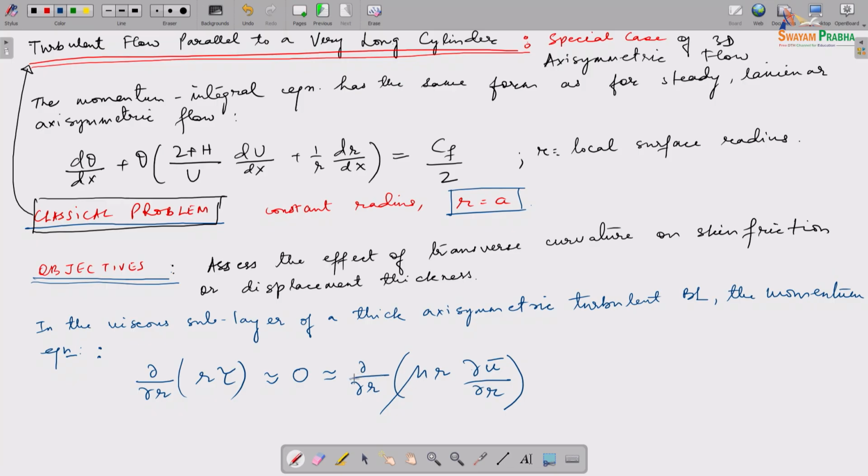So we just write r, and then tau we write as mu into del u mean del r, right. So that's the standard definition. Okay. So what we are essentially saying is that in the r direction there is no variation of the shear stress, or actually let us just say total force, right.